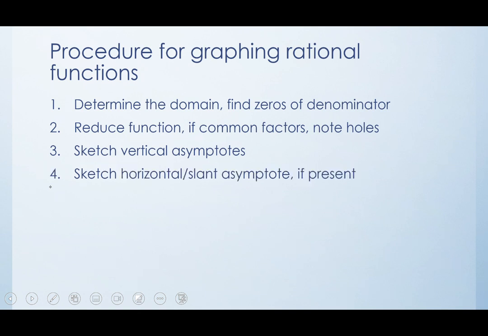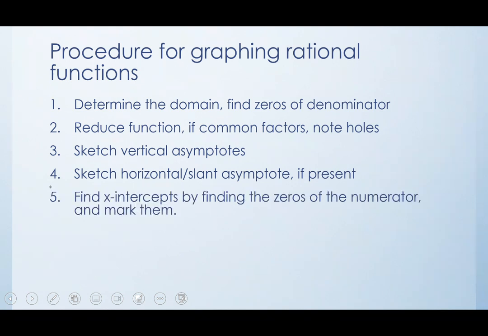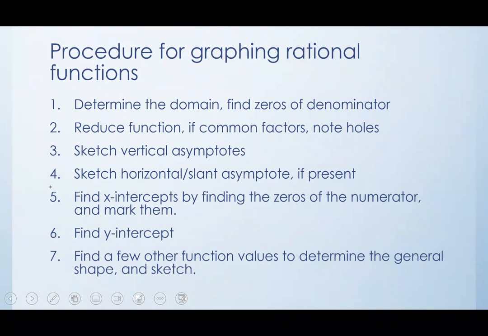Sketch a horizontal or slant asymptote if there is one present. Find your x-intercepts by finding the zeros of the numerator, mark them. Find your y-intercept, mark it. And then if you need to, find a couple other function values and then connect the dots. Okay, so we've got 1 or 2 examples left and then we are done.